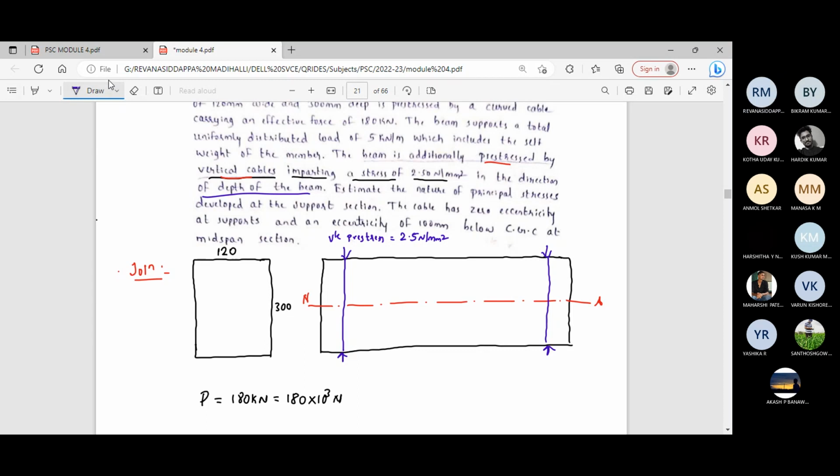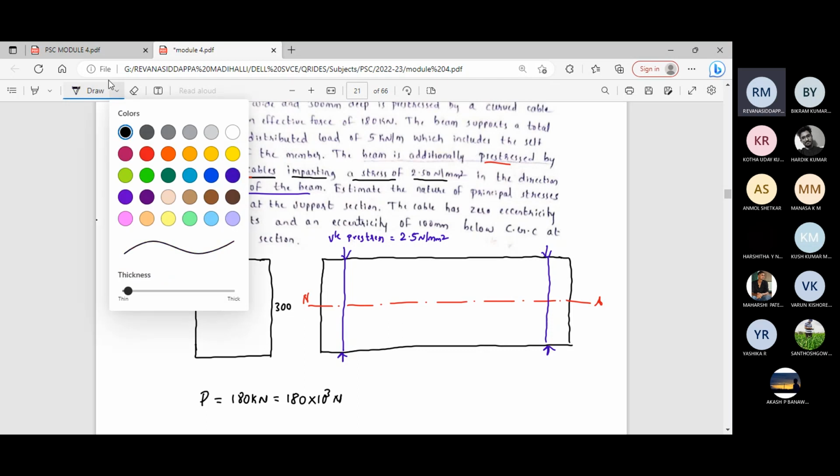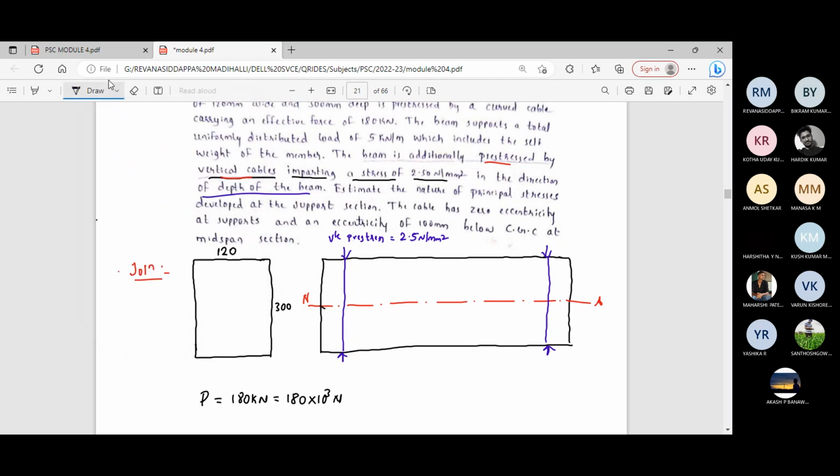Let me write the diagram of the cable. So at the center of the span, the eccentricity is 100 mm.